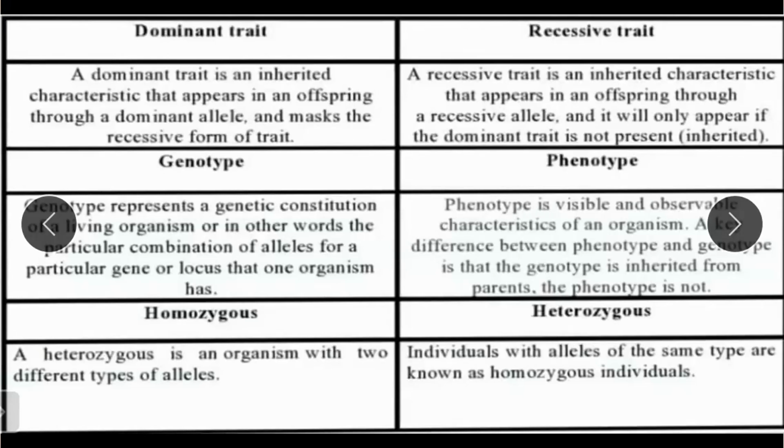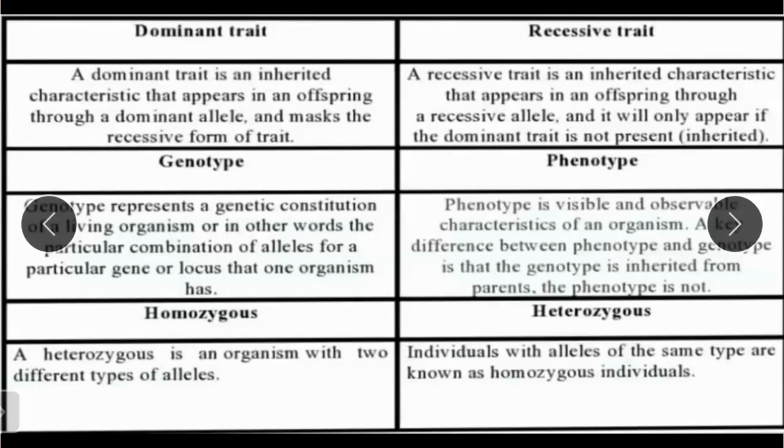Phenotype is the visible or observable characteristics of an organism. The difference between phenotype and genotype is that genotype is inherited from the parents, but the phenotype is not. It means the original gene is the genotype, and the gene which has been adopted or transferred is called the phenotype.